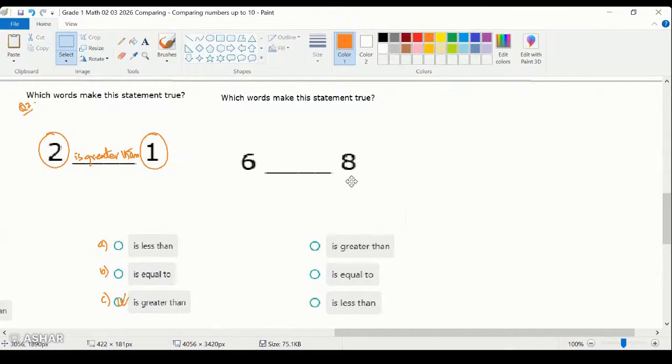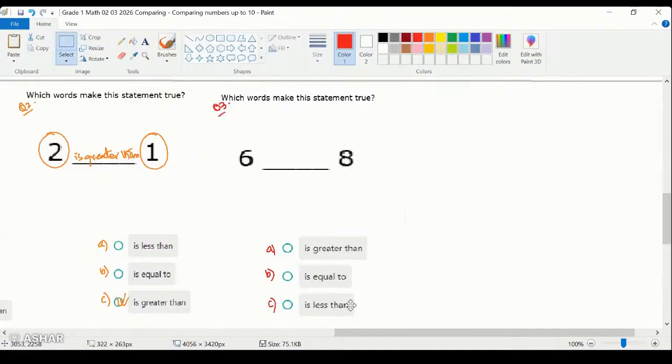The numbers given are 6 and 8. The options are option A, option B, and option C. So we would say 6 is greater than 8. No, it's not. 6 is equal to 8. No, it's not. It's 6 less than 8.